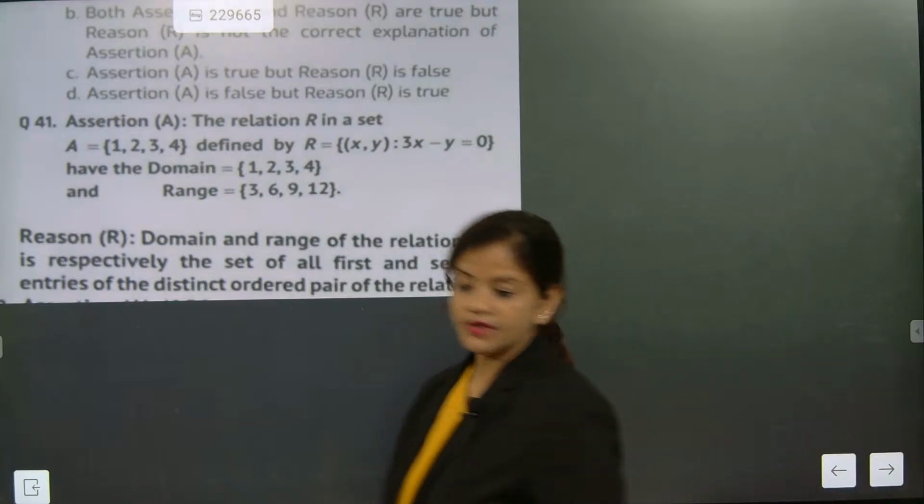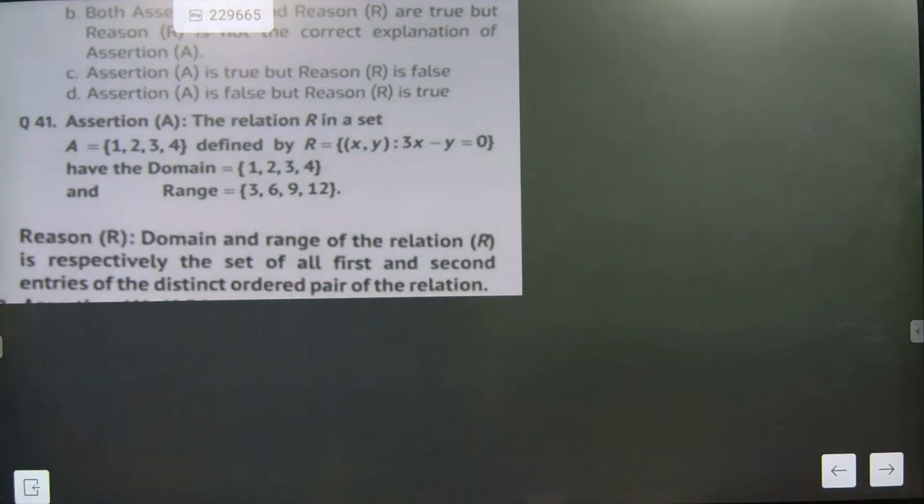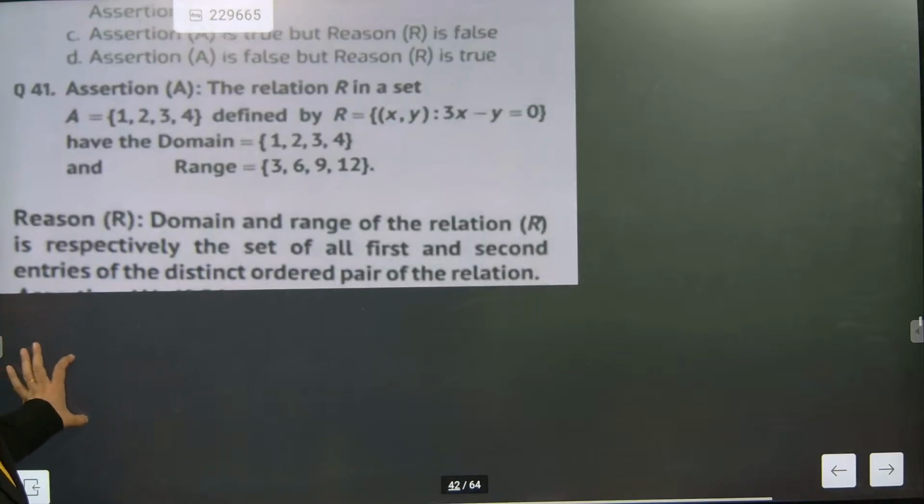Divya, what is the correct answer, beta, here? The answer is absolutely wrong. I'm sitting there, I'm solving the question.